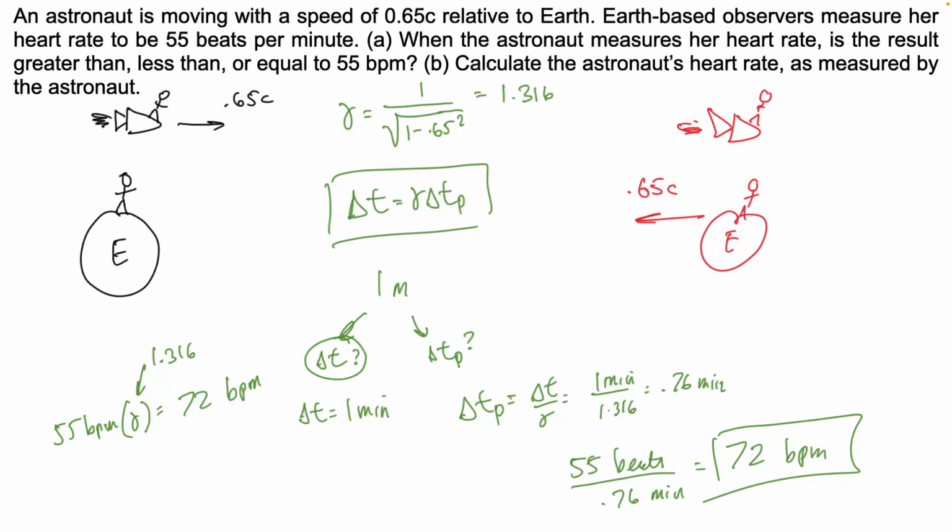A moving astronaut's heart rate will appear slower. The time interval between ticks and tocks. It was Rachel's car. Abel was riding on the front, and it was Juan who was holding the light. Remember, Juan sees Abel's clock have to go that longer distance, and so a moving clock appears to run slow.